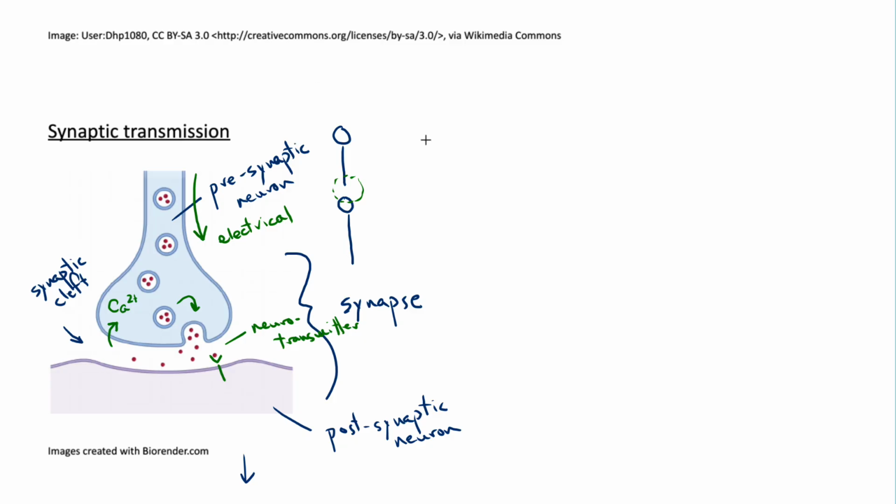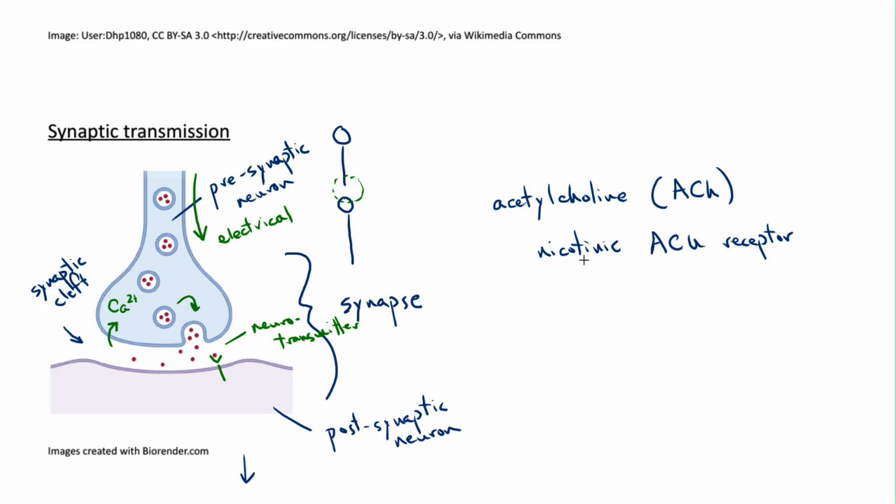As an example, the neurotransmitter acetylcholine, that's another neurotransmitter, often abbreviated as capital A, capital C, lowercase h, can bind to a receptor called a nicotinic acetylcholine receptor. And it's called nicotinic because in addition to acetylcholine, it'll also bind and respond to nicotine.